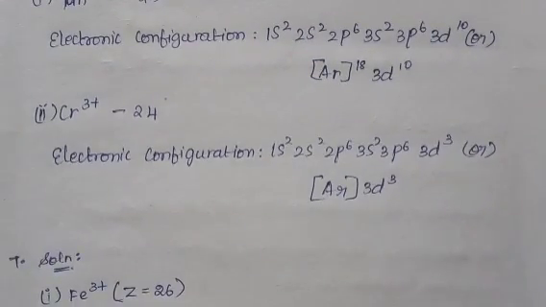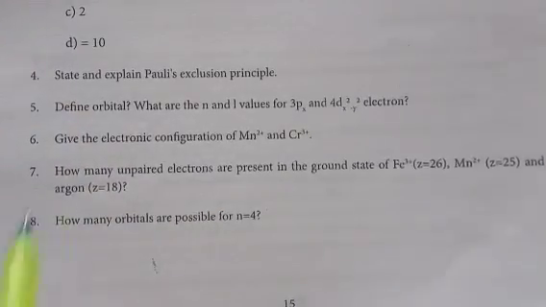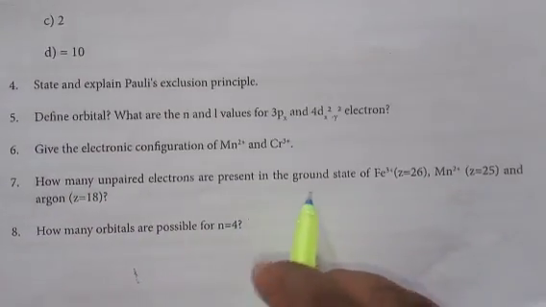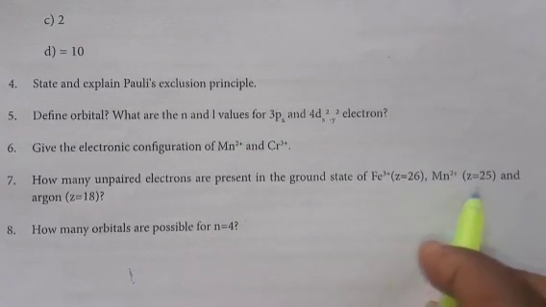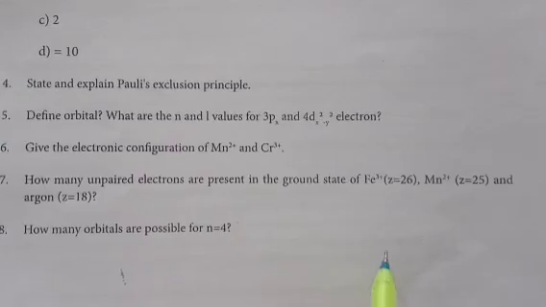Next, seventh one. How many unpaired electrons are present in the ground state of Fe3+, Mn2+ and argon, Z is equal to 18?